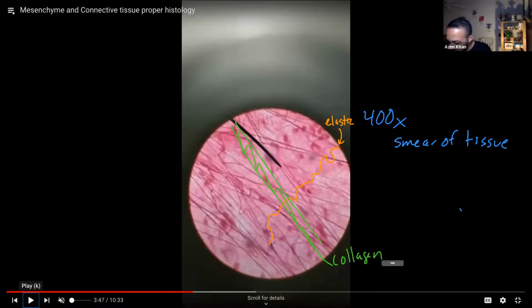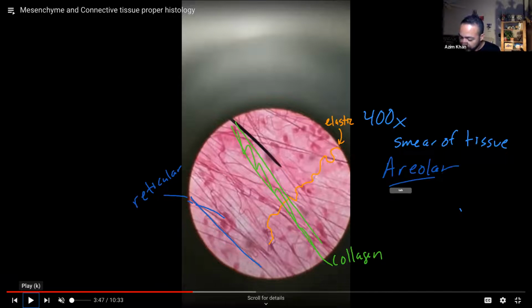And then the ones that are also dark but more defined and branched are reticular fibers. The only one that has all three is areolar connective tissue. This is a smear of areolar connective tissue.